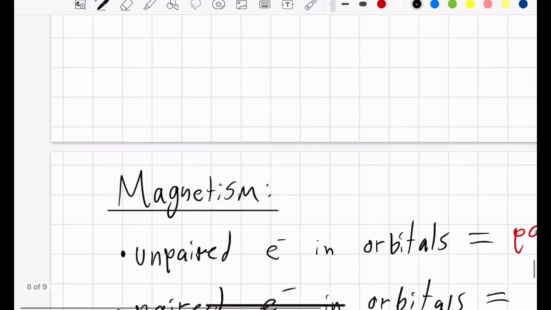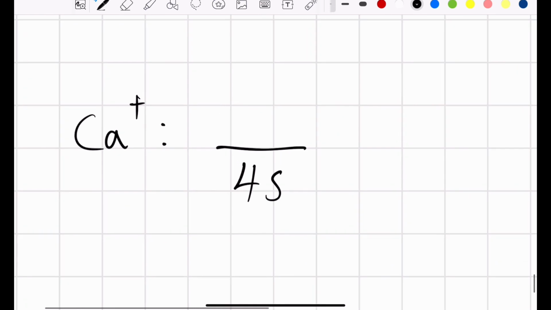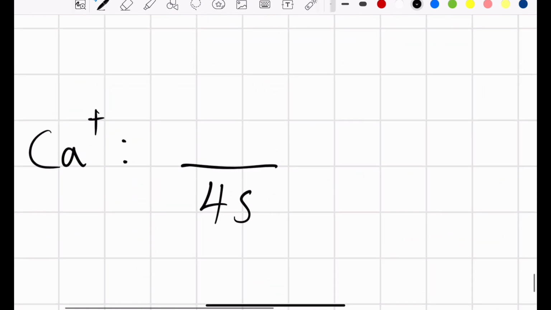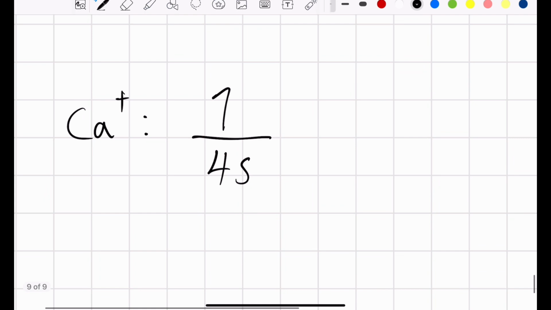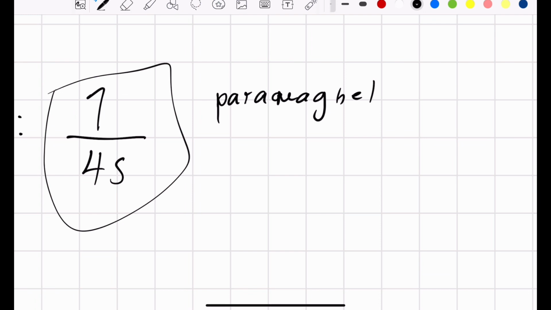So this is a pretty simple example. We're just going to have 4s, and since it's a cation with a positive 1 charge, we know that there's going to be only 1 electron in this orbital. And since this electron is unpaired, we know that it is paramagnetic, so this ion is going to stick to a magnet.